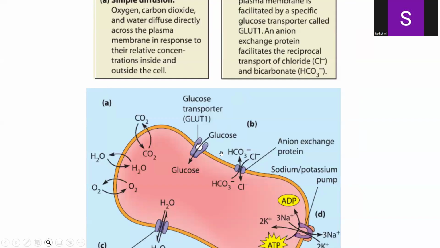Say, for example, this is a transporter for glucose. This is called a glucose transporter. Glucose molecules can bind to this carrier, and then the glucose molecules will be transported into the cell. In this manner, the movement of glucose from outside the cell to the inside of the cell is facilitated by this carrier protein.